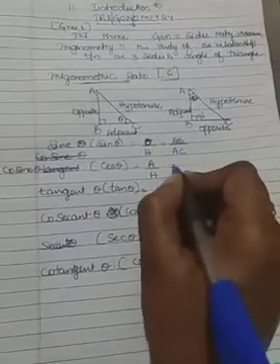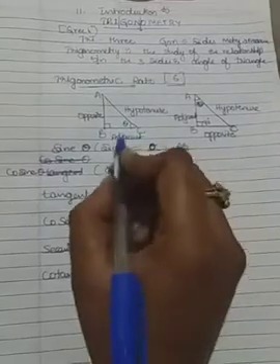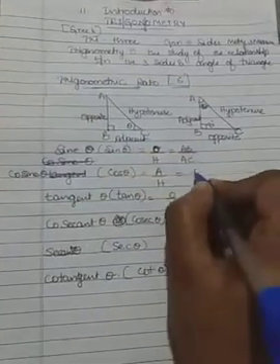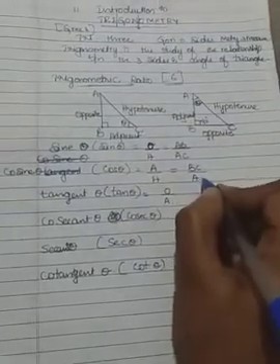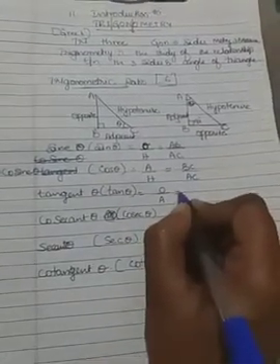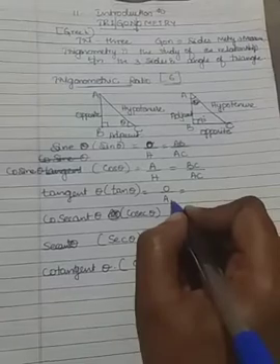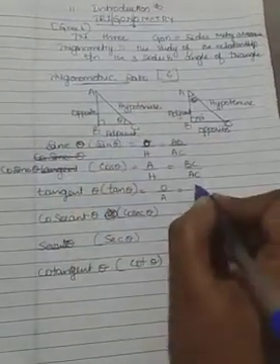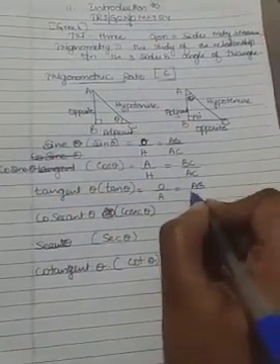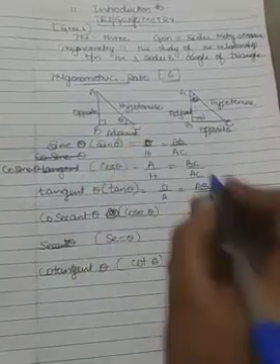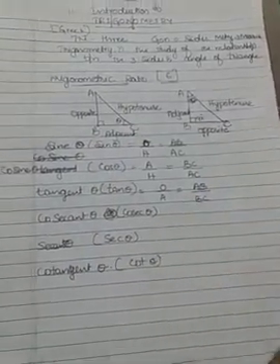Let us write the ratios for this. Adjacent here, as we have marked already, is BC, and hypotenuse is AC, so BC divided by AC. So here opposite is AB divided by adjacent. Adjacent means BC.